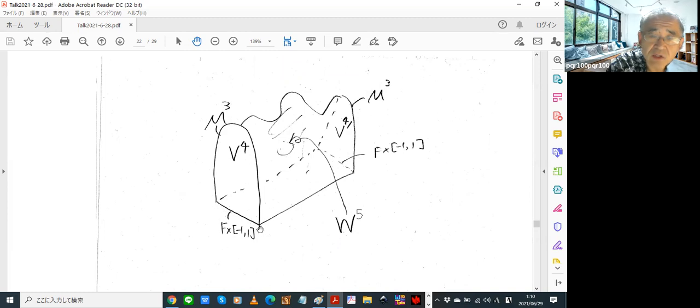And take a second F. By cobordism theory, there is a compact oriented four manifold whose boundary is M and F, second F. The M and second F make a closed oriented three manifold. So it bounds a compact oriented four manifold.